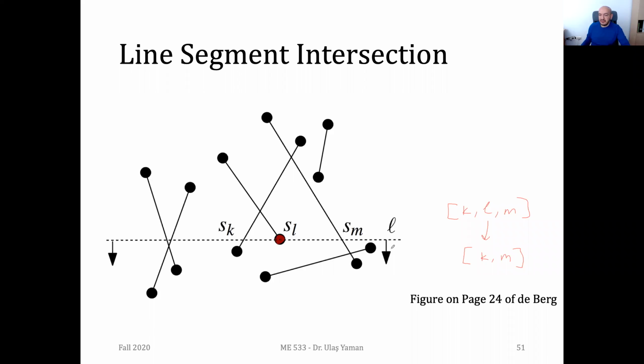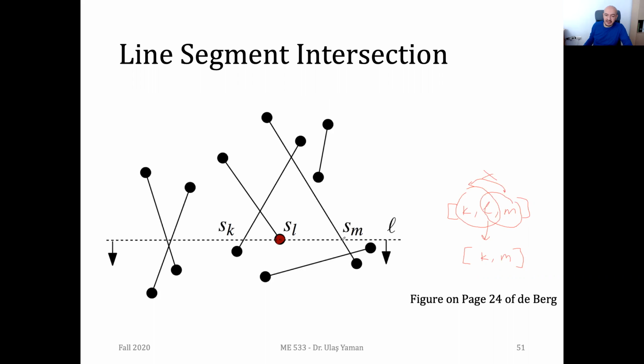Here you see we have new neighborhood according to the previous one. In the previous one, we have done the check of intersections between L and M and K and L. But we haven't done any computation between K and M just above the sweeping line.